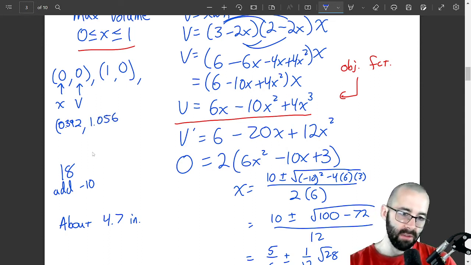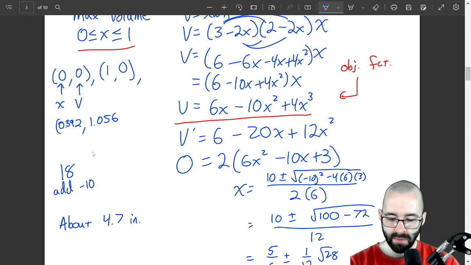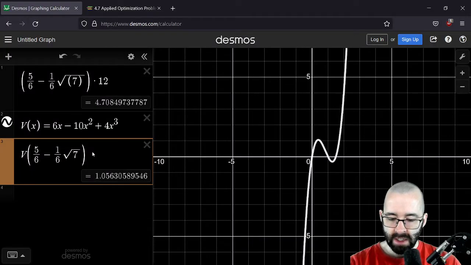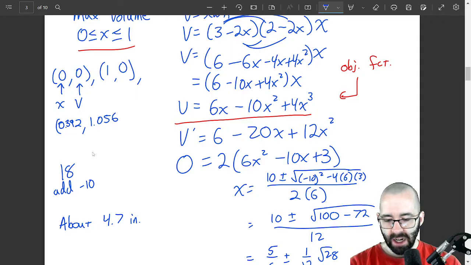Or again, we could convert this to inches if we wanted to. All right, how many cubic feet do we have? Fun fact, by the way, be very careful. This is a volume in cubic feet.